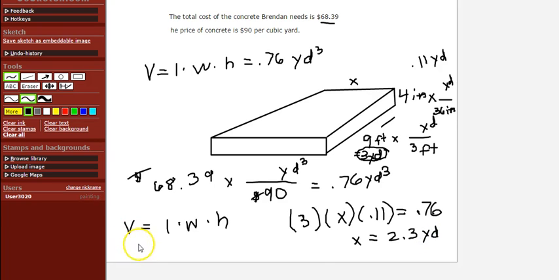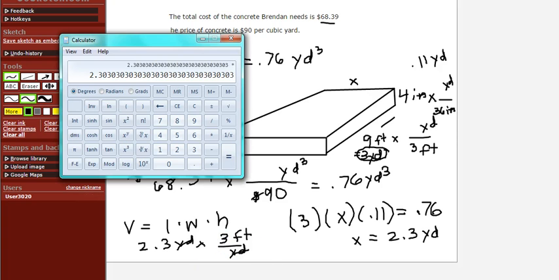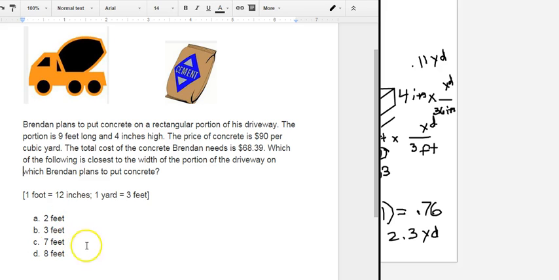But we want it in feet, so if we start with 2.3 yards times, we always put the yards in the denominator because it's going to cancel these out, and feet on the top. And we know that there's 3 feet in 1 yard. So we just take that and multiply it by 3. So it's 6.9. So this is approximately, looking at our answers, it would have to be 7 feet.